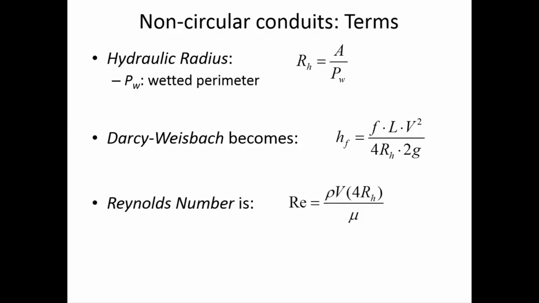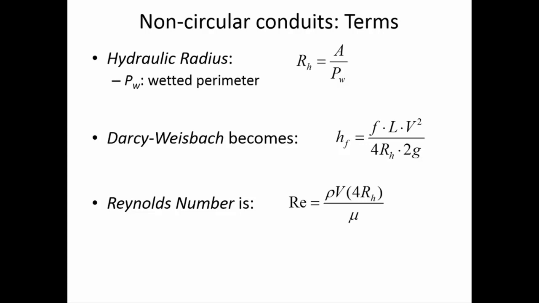Reynolds number, similarly. This is the full version of the Reynolds number where we have separately accounted for the absolute viscosity and the density of the fluid. This abbreviated version of the equation, okay, here.